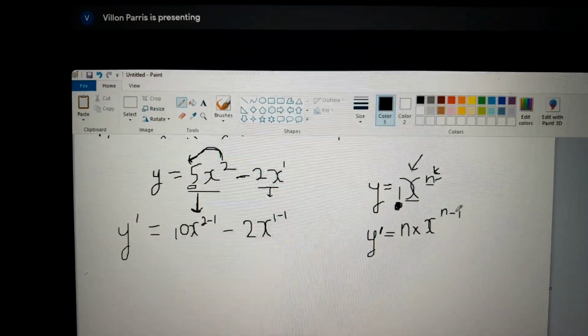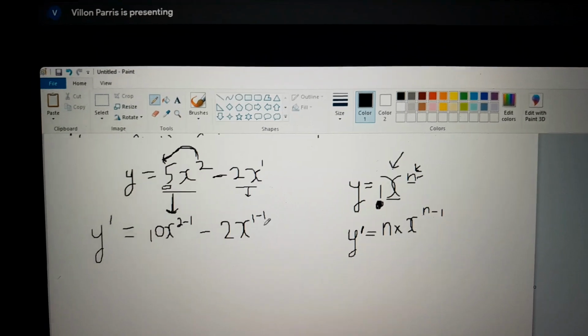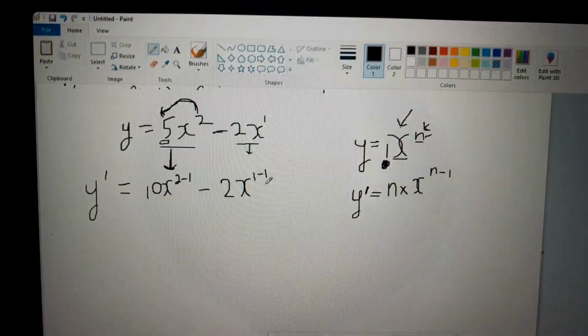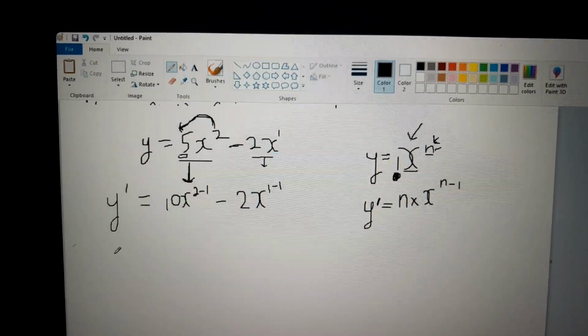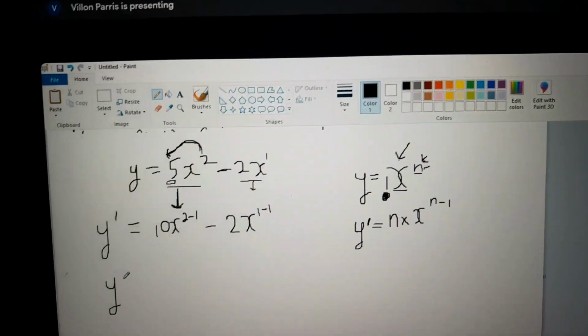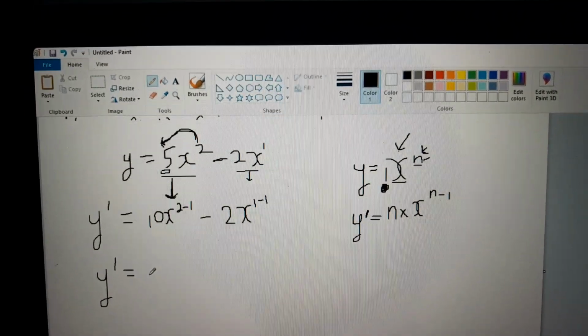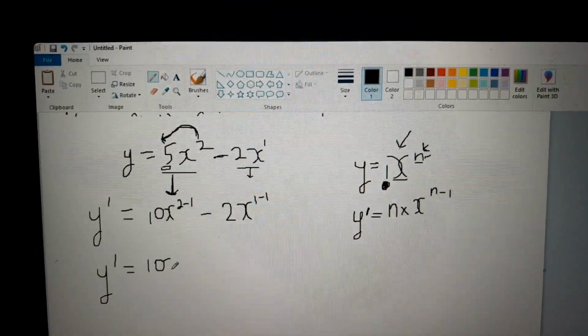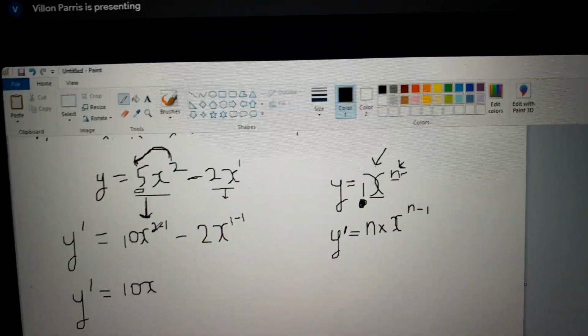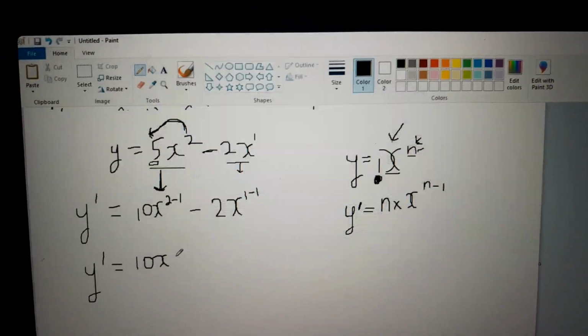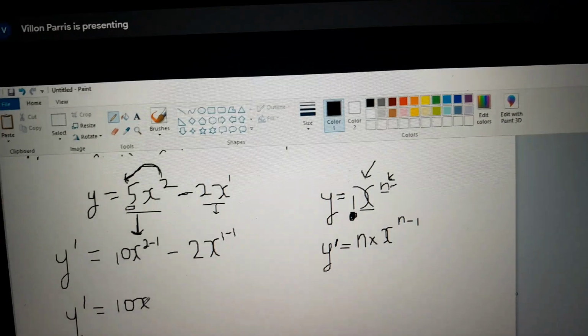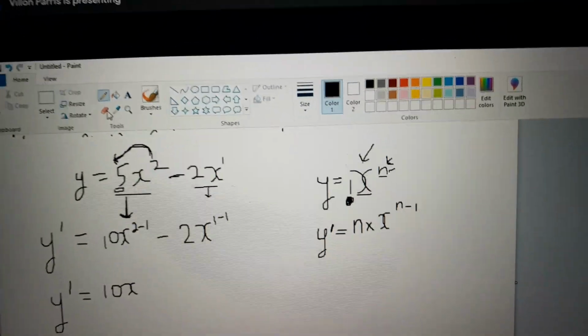We always take 1 from the power. And there's a reason why I left it like this, because I want you to see what will happen. As we simplify, this will become 10x. Isn't that so? 2 minus 1 is 1. So it would have been 10x to the first power, which is the same as 10x. Agree or disagree?